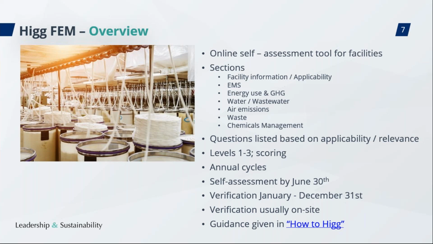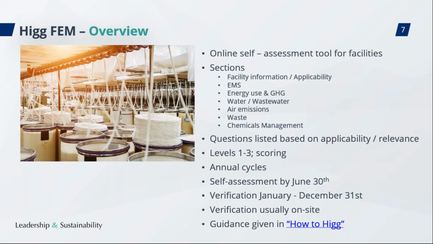The questions are also sorted into 3 levels: level 1, 2, and 3, which means foundational, progressive, and aspirational. You begin at level 1, of course, and you need to respond to all questions at level 1 before you can move on to the levels 2 and 3 in each section.